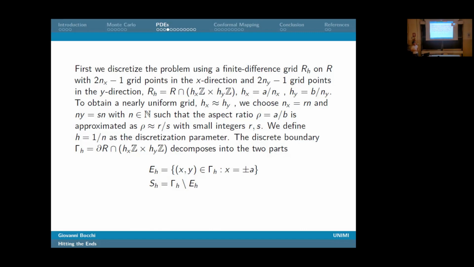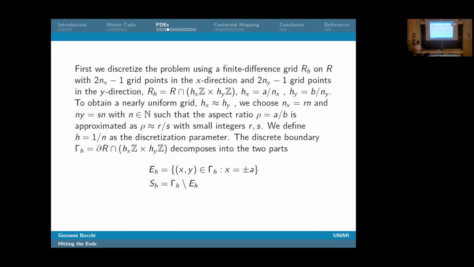And so essentially we will choose n_x as an integer multiple of n, and yeah, there is a typo, that should be n_y as another integer multiple of n.